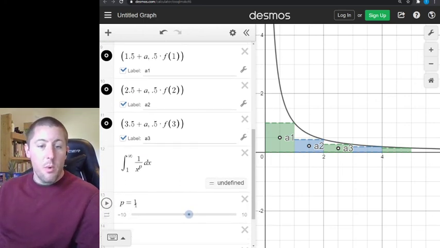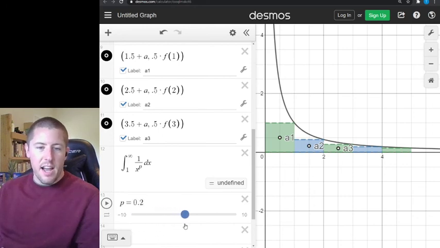When p is 1, this is the harmonic series integral we're looking at, and the integral diverges. It's undefined. If we make this number larger than 1, we are converging to a number, and we see convergence for any value of p larger than 1. As soon as we go beneath 1, we see that it's undefined, and we get divergence for all remaining values.